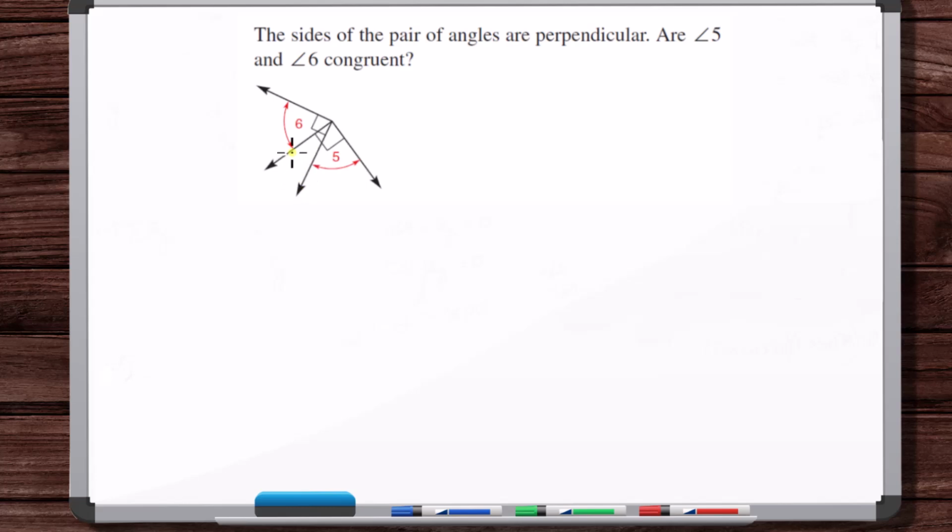So if we call this angle 4, then we know that, I'm not writing the notation correctly here, but I'll do this. The measure of angle 4 plus the measure of angle 5 is equal to 90 degrees.